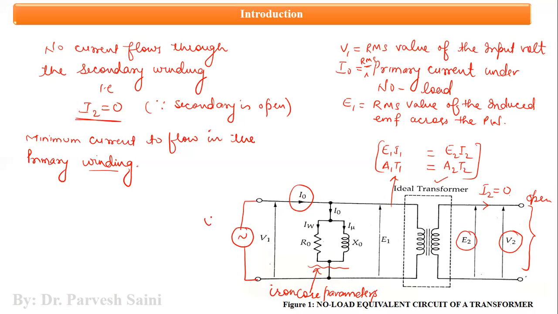The instantaneous value is given by V1 equal to V1M sine omega t, right?